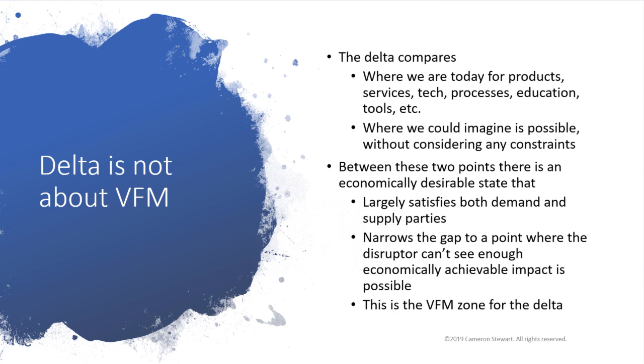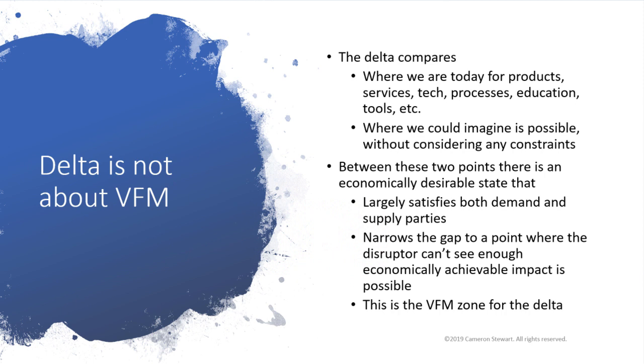Now, between these 2 points, there's actually an economically desirable state that satisfies the demand and supply. It narrows the gap to the point where the disruptor doesn't want to come into the market because there isn't enough economically achievable impact that's possible. This is the value for money zone for the delta.